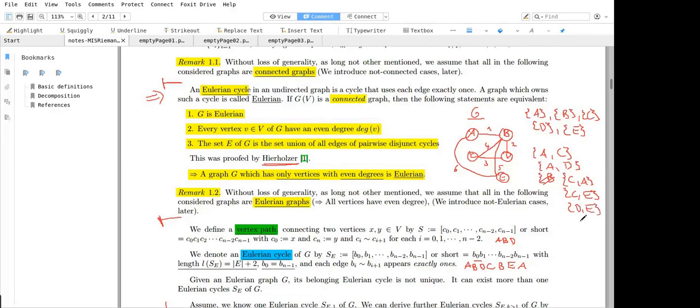And E: not with B, not with A, but E with C, or E with D. So that's all our possible independent sets.